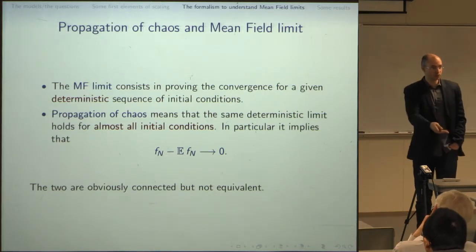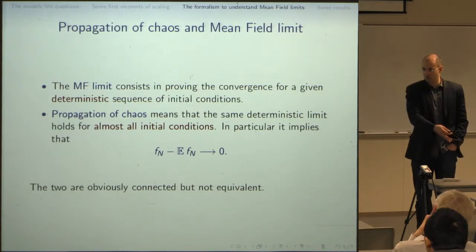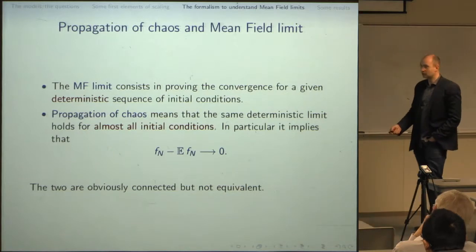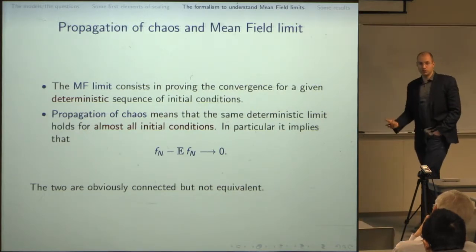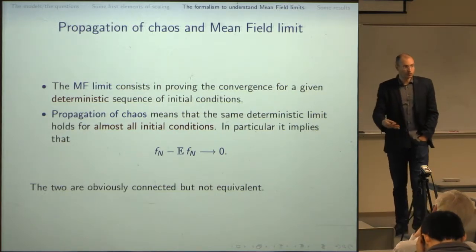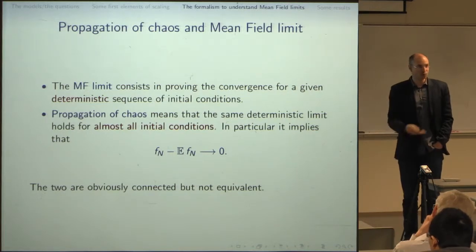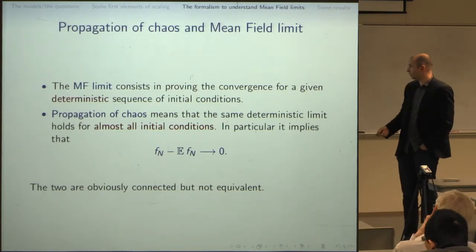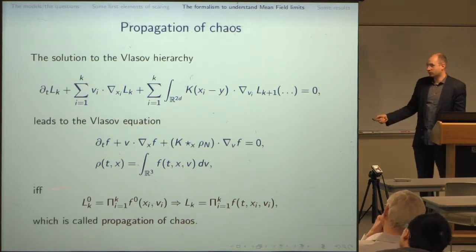Right? Maybe it works for some sequence of initial conditions and it doesn't work for other sequences, which is actually what happens. Propagation of chaos essentially means that this type of result will hold for almost all initial conditions. And almost all with respect to what measure? With respect to a tensorized measure like that.